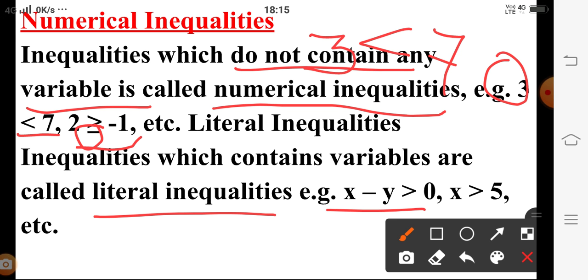This distinction between numerical and literal inequalities should be clear here.